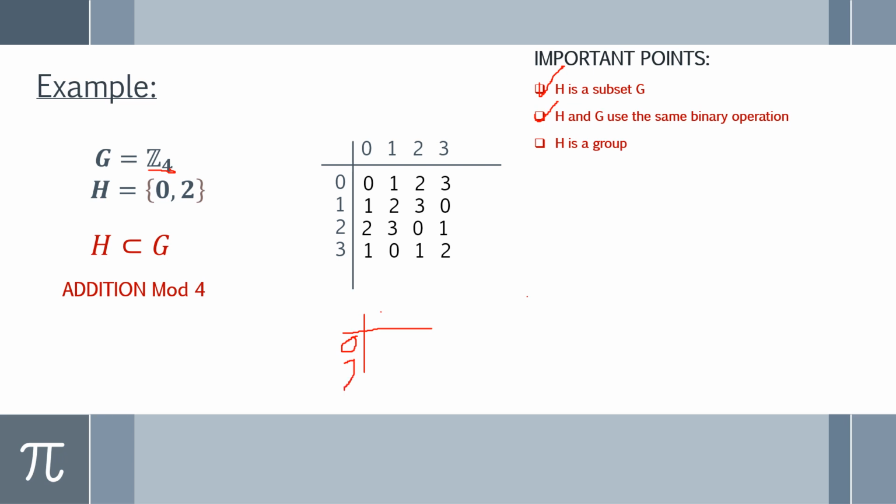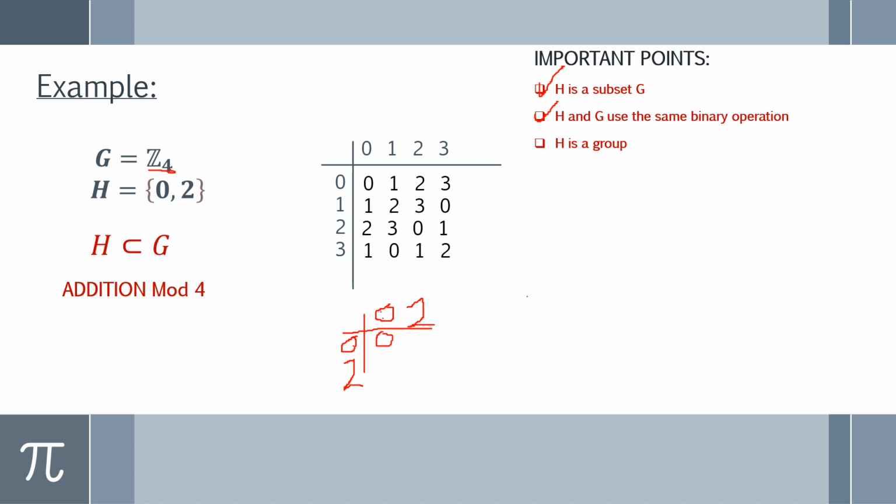And this is 2. Right here is 0. Right here is 2. So we have here 0 plus 0 is 0.